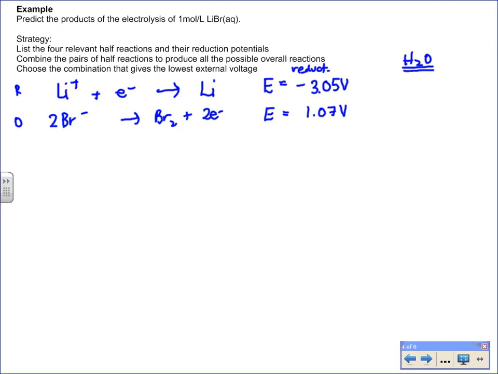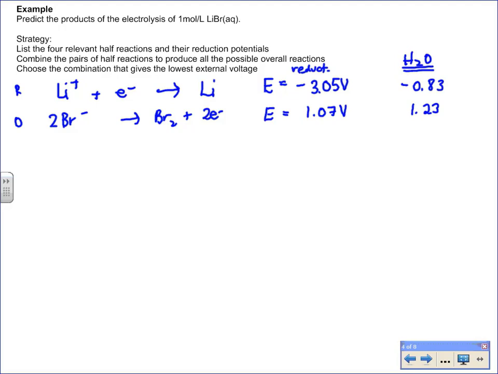For water, its reduction reaction, if it occurs, the voltage is negative 0.83. That's the water where it's producing the hydroxide and the hydrogen. For the oxidation of water, the voltage is 1.23.